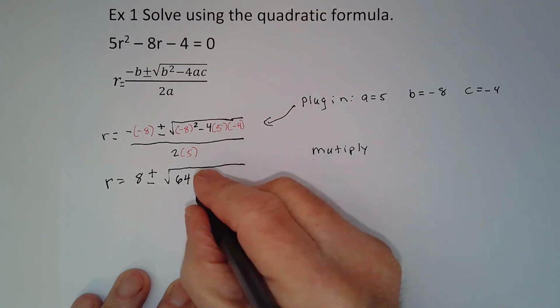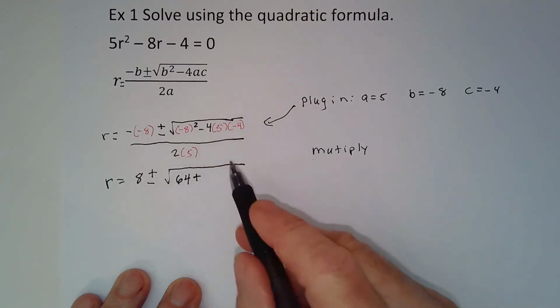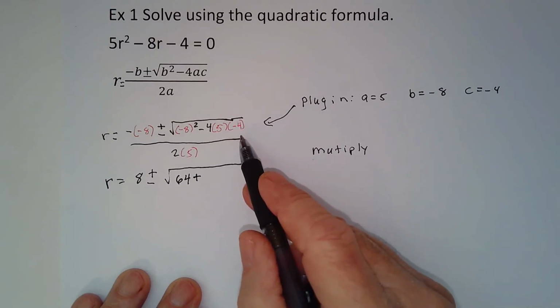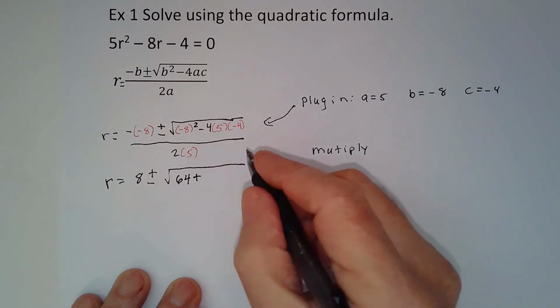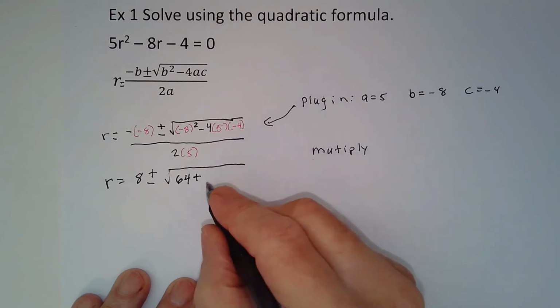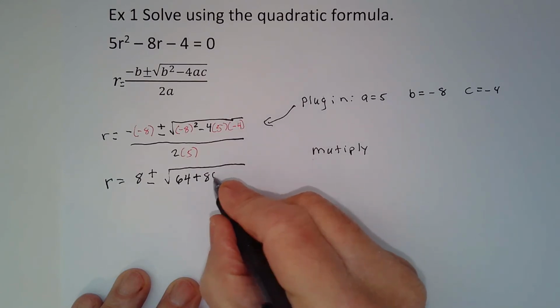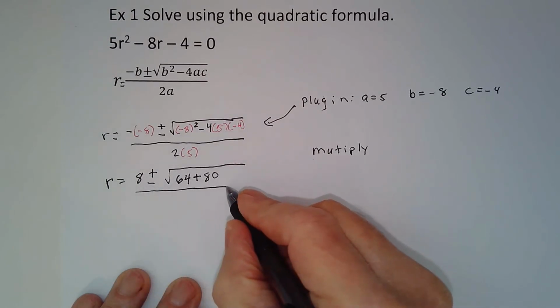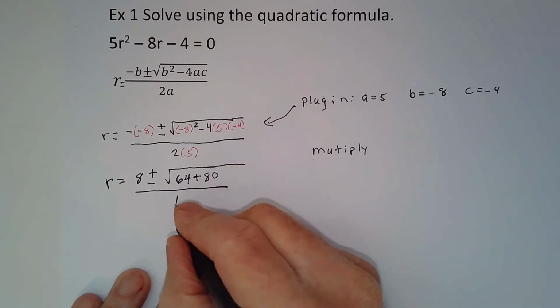Our result is going to be positive, so I'm going to put plus. -4 times 5 is -20 times -4 is positive 80, because 20 times 4 is 80. All right? And that's all divided by 2 times 5, or 10.